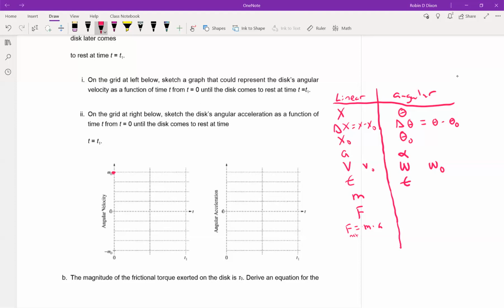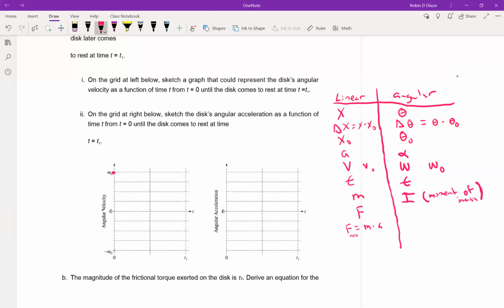Well, that is simply called, if you recall, I, which is of course moment of inertia, which makes sense because inertia is an object's resistance to acceleration. So for angular mass, we have moment of inertia. That's resistance to angular acceleration.